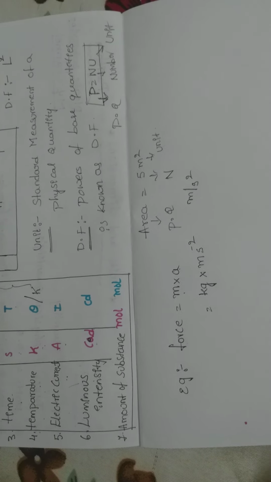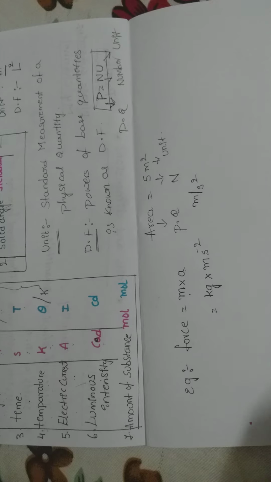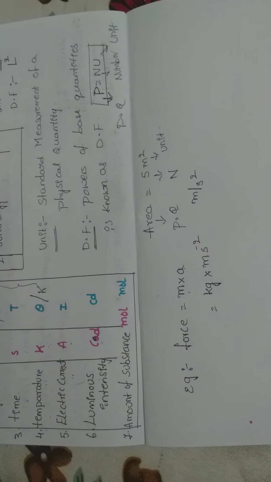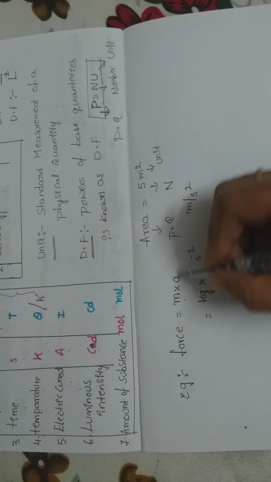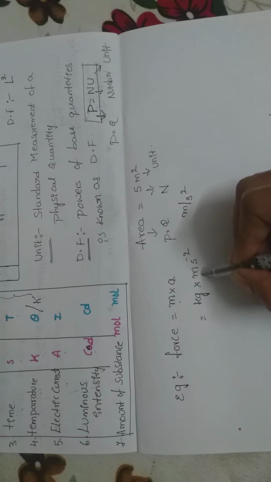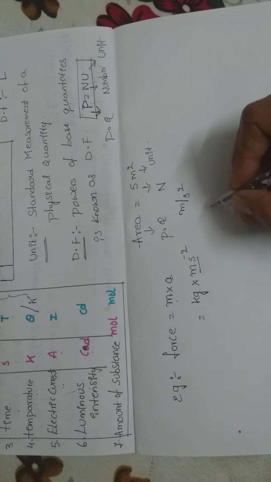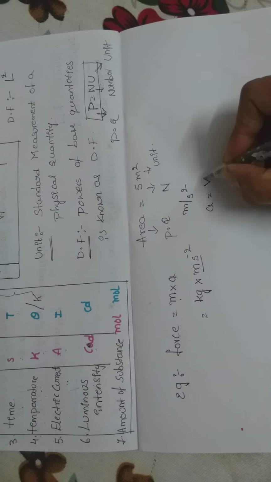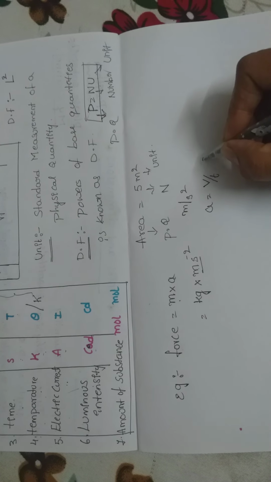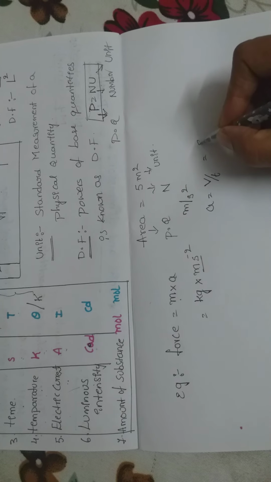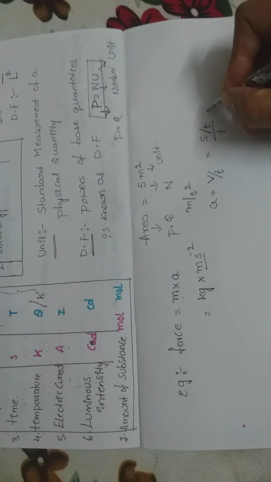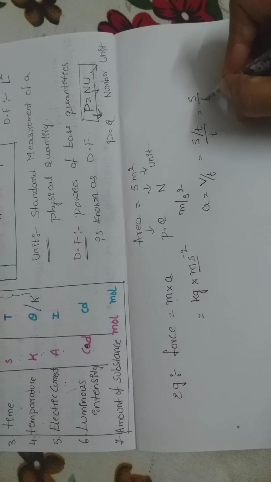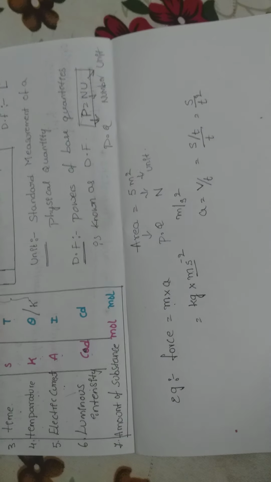But lower class students, who are initially in IIT foundation, don't know how to write the units and dimensional formula. So how can we get this unit? The formula for acceleration is velocity by time. Velocity means displacement by time, whole by t. So displacement by t square we should write.